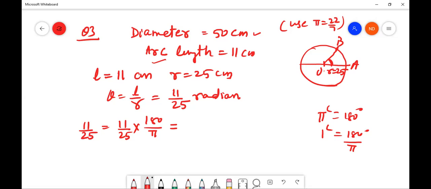Okay, so we can simplify. 11 by 25, 180 by 22 by 7, so 7 by 22. Now 5, 36, 5, 11, 22, 2.